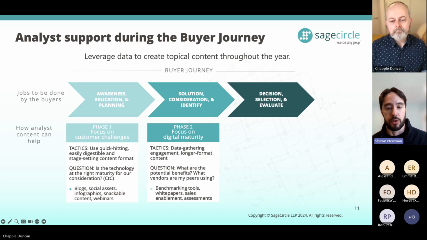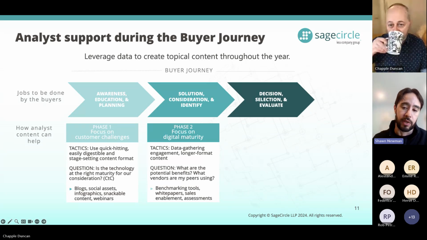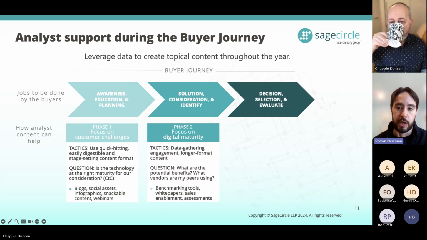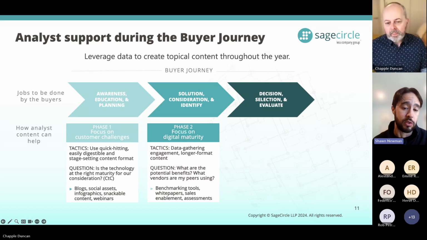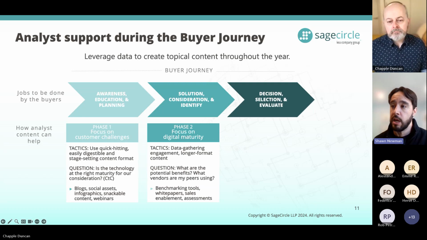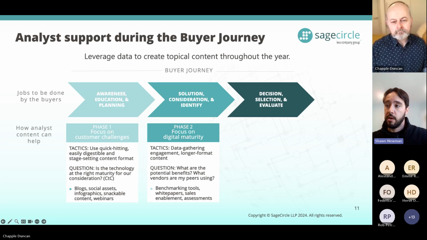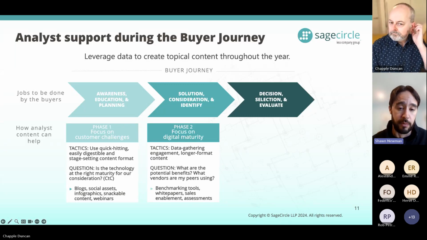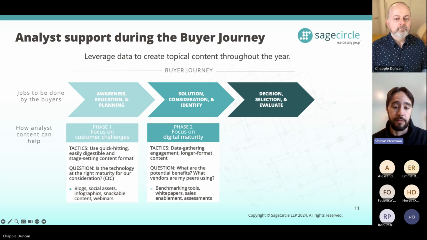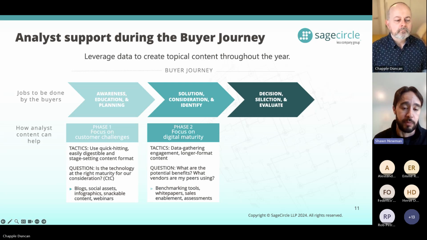So then, phase 2, you're focusing on digital maturity, and these are longer format materials. What I found really successful was organizations using benchmarking tools, right? So that's taking survey data from analyst firms or doing your own surveys, but if you can supplement it with the analyst content, obviously that's objective third-party validation, helping them understand where they fit within that digital maturity so that they can stay ahead of competitors.